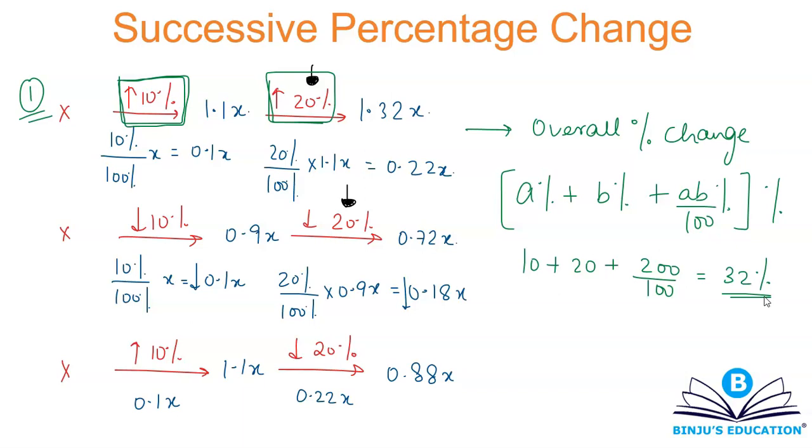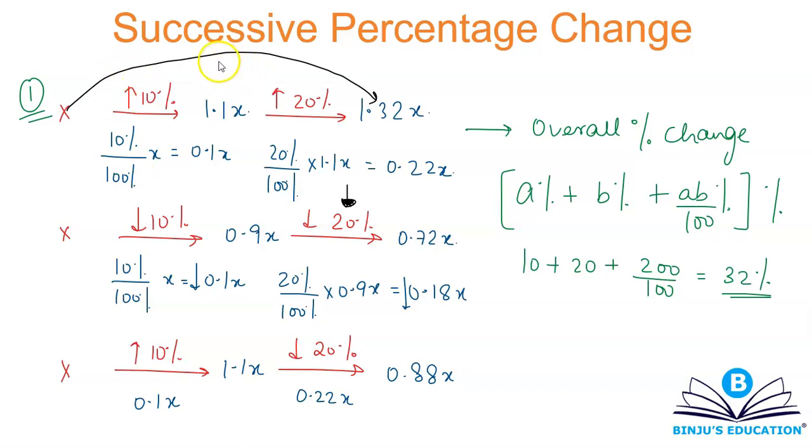So this 32% is the net percentage change or the overall percentage change. Rather than going step by step, you can directly go from here to here. You don't have to do all these steps now. If you are successively increasing by 10 and 20%, your overall change is 32%.